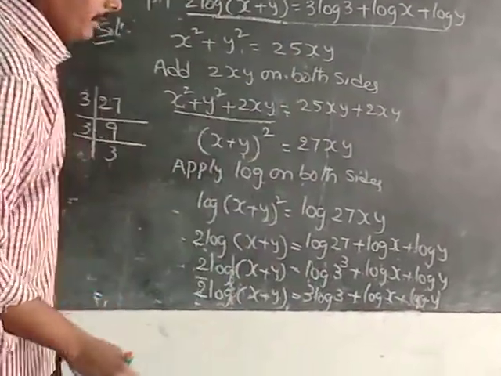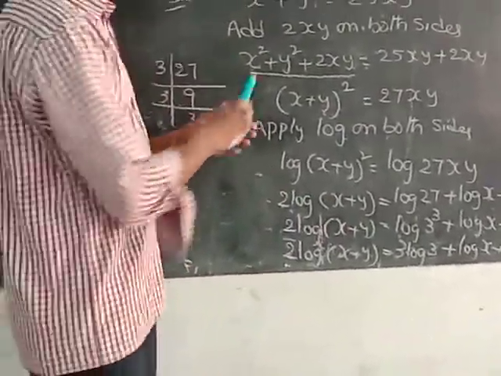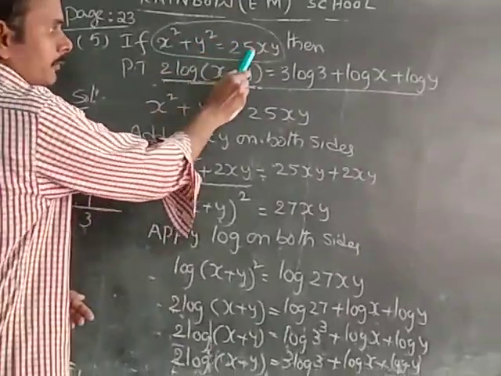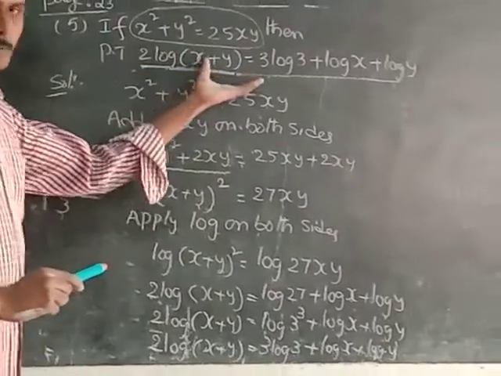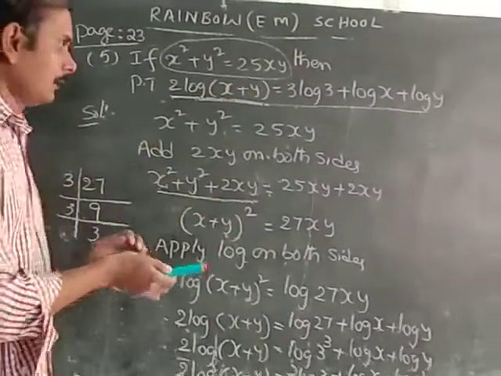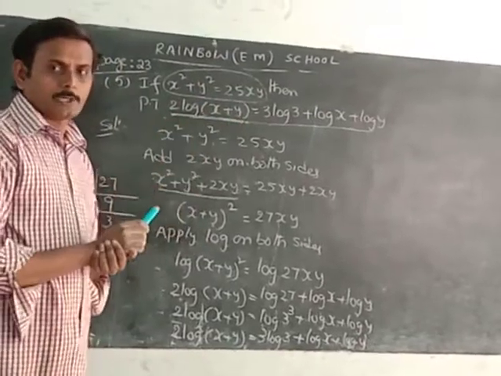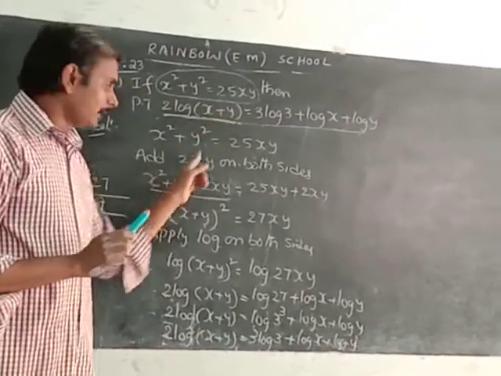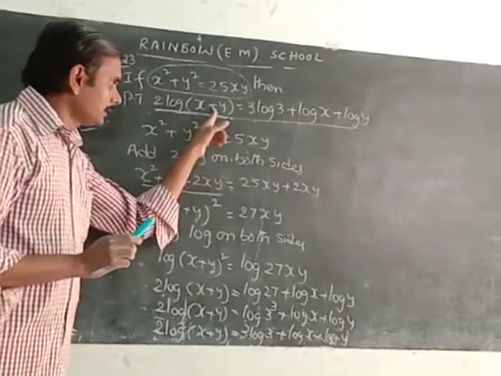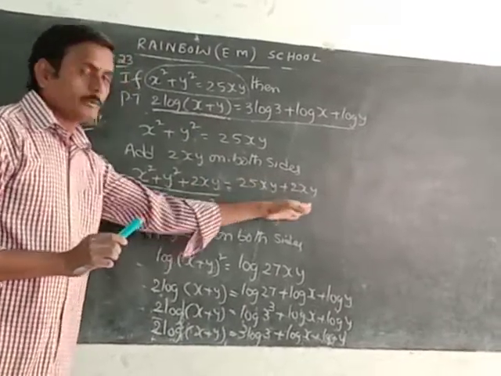Okay, this is a very important model. Once again listen. x square plus y square equal to 25xy is given, and we have to prove this one. Before proving, check whether the LHS part has plus or minus. If plus is there, add 2xy on both sides. If minus is there, subtract 2xy on both sides.